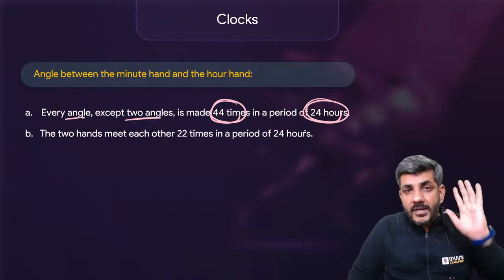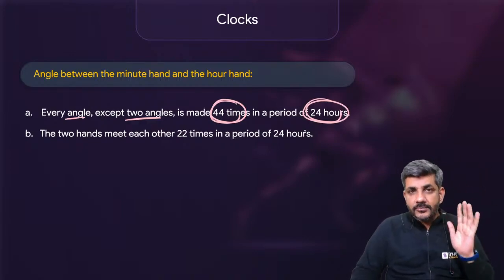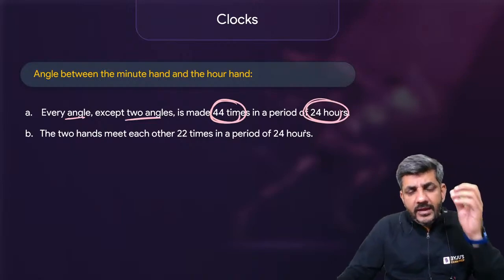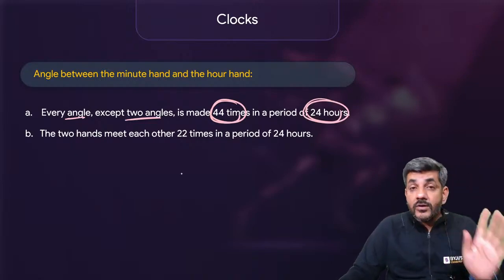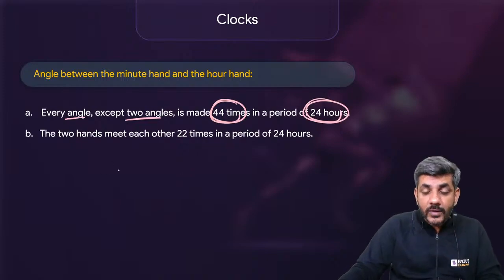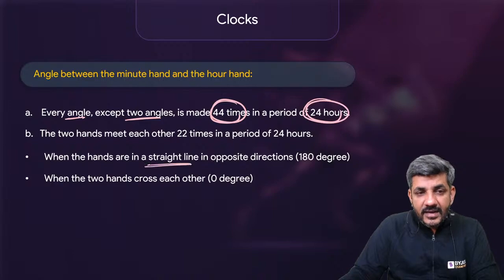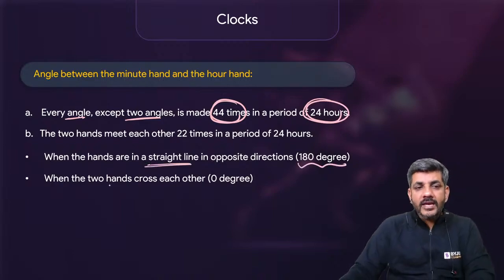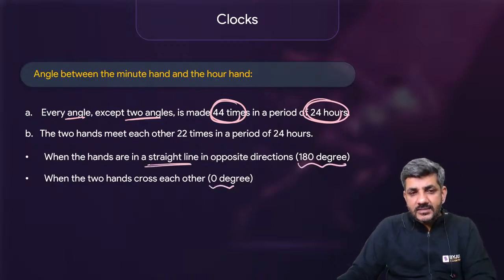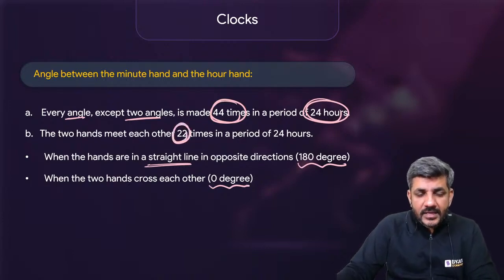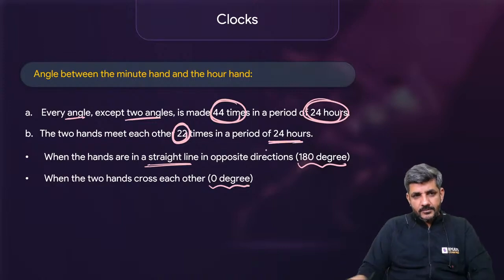At 90 degrees? 44 times. At 80 degrees? 44 times. Every angle would be made between them 44 times in a day, except two angles. Those two angles are 0 and 180. That is, either they are in a straight line, which means 180 degrees, or they are meeting each other, that is 0 degrees, because those angles will become 22 times in a day, that is in 24 hours.